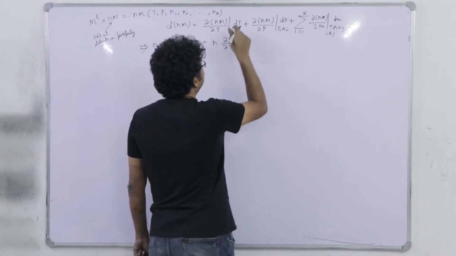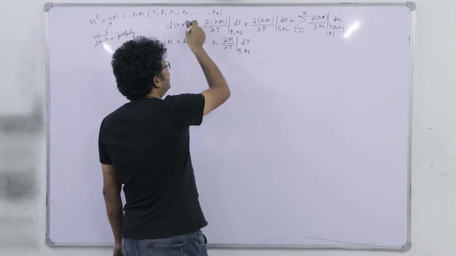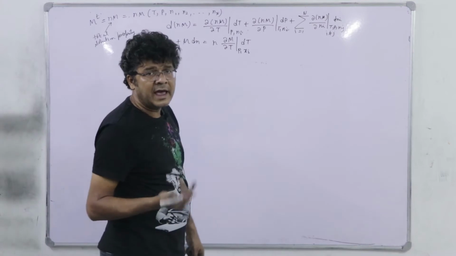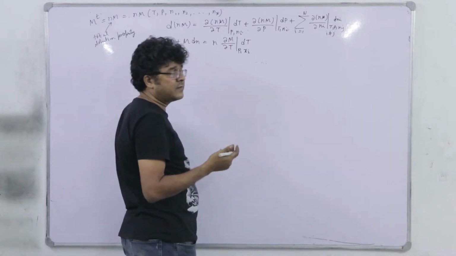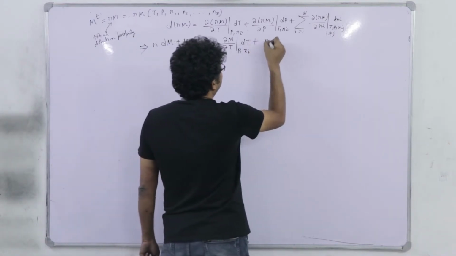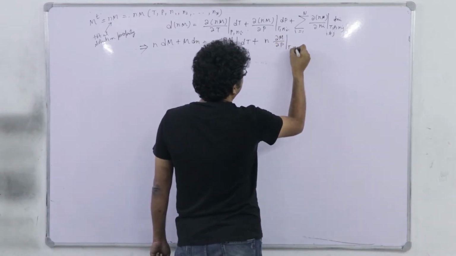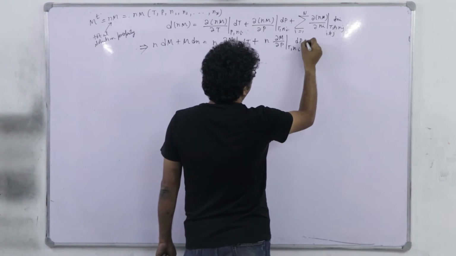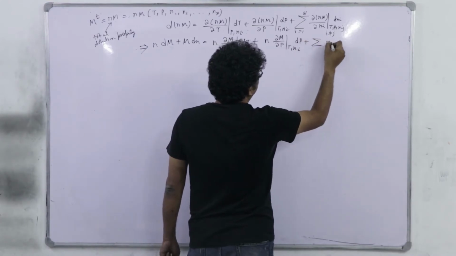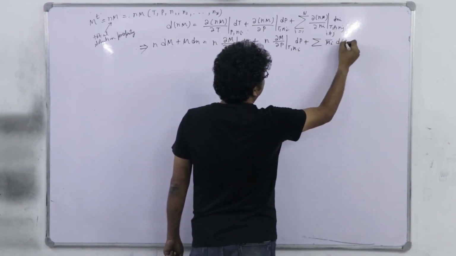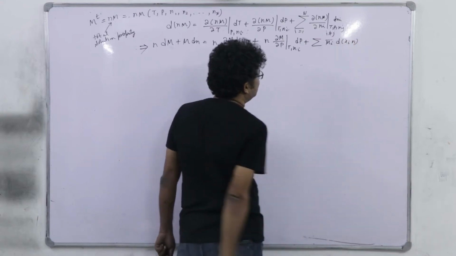So dT, and here ni is constant, so we have taken out this n as it is constant because n is summation of ni, plus n (∂M/∂P) at T, ni dP plus Mi bar dni, and ni we can write as xi into n.